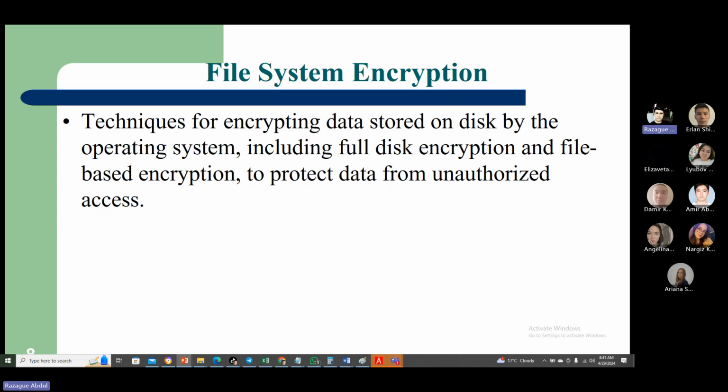Implementing these technologies requires careful consideration of the balance between security, performance, and manageability. As data breaches continue to pose significant risk, file system encryption remains a critical component of a comprehensive data security strategy. So let me stop here right now.